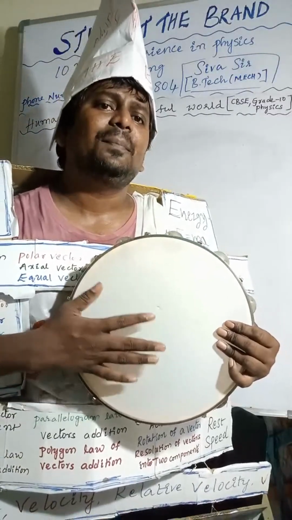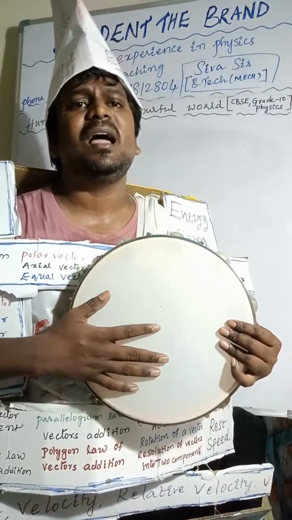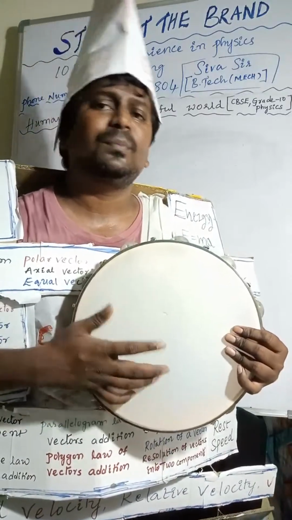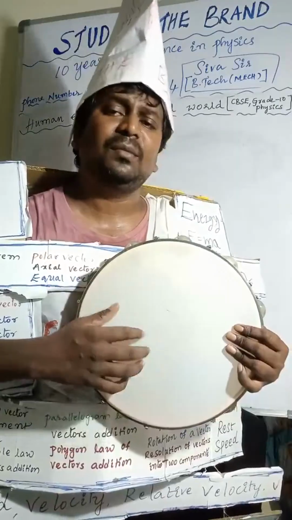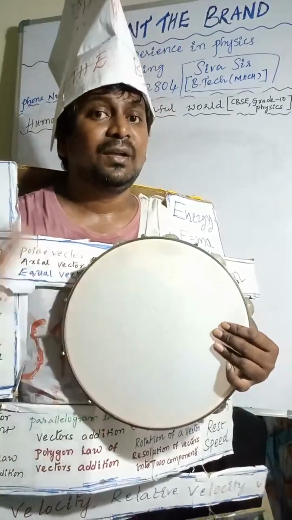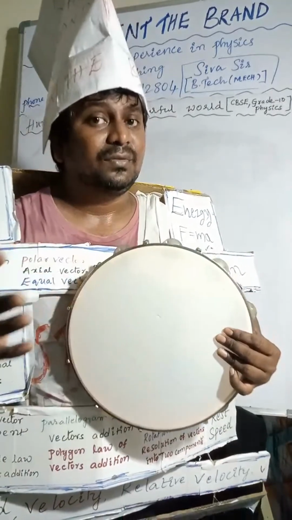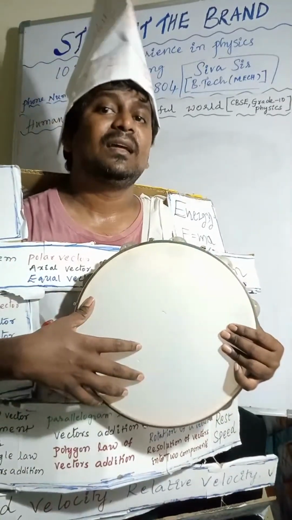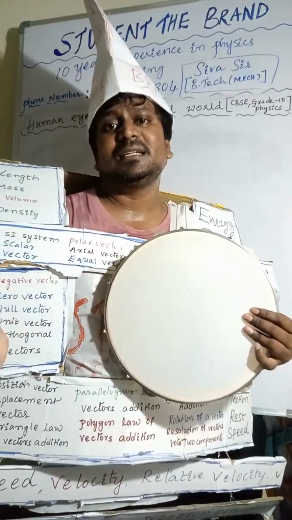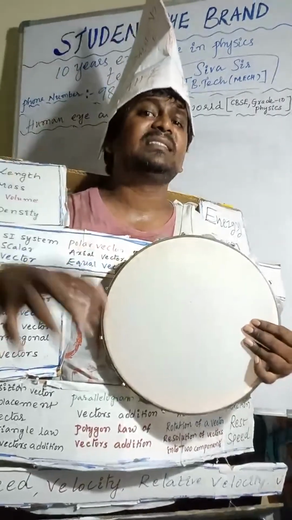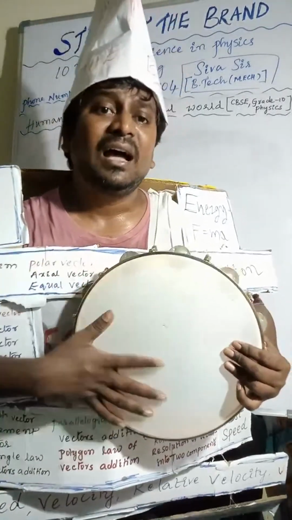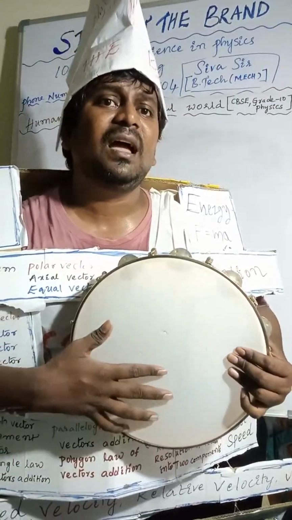Hypermetropia, hypermetropia, hypermetropia. Far distance we can see, near distance we can't see.